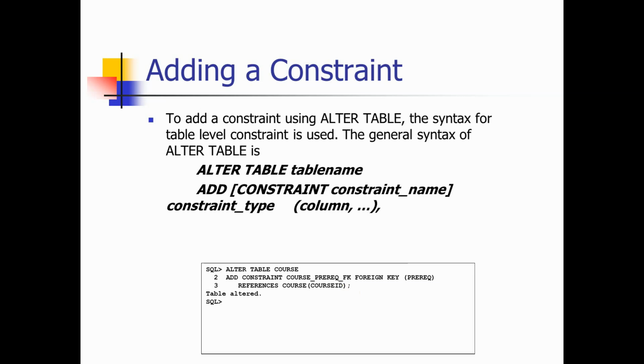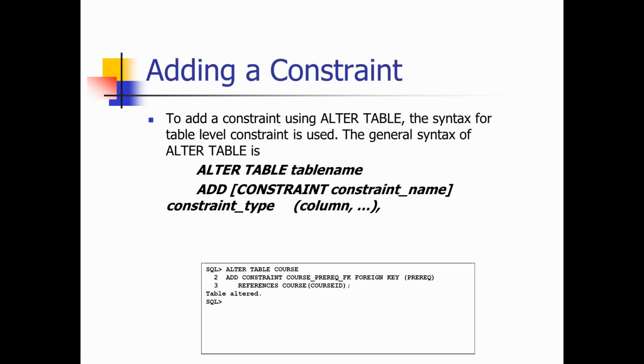So if you did not put this semicolon over here and you hit enter, what happens is that you will not see table altered. You will see a column 4 over there with a cursor blinking, indicating that Oracle is waiting for more instructions.